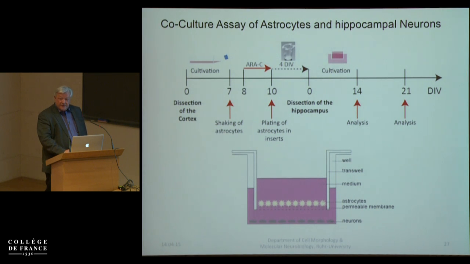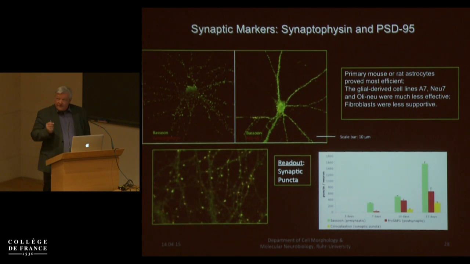Now, it's possible to monitor in this system the formation of synapses using specific markers for the pre-synapse and also for the post-synapse. And a very good marker for the pre-synapse is bassoon, a protein originally characterized by Eckhard Gundelfinger's lab. And for the post-synapse, you can, of course, use PSD95.